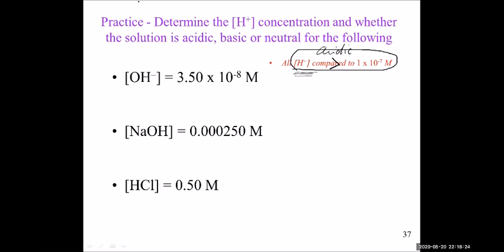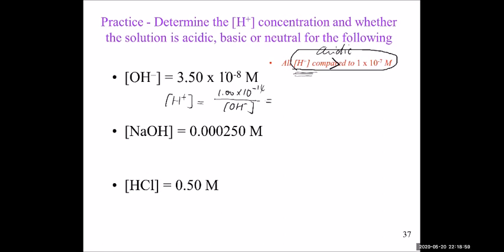So in this practice, we are to solve for the H plus. The first one, we have the hydroxide. Remember, hydroxide and proton concentrations multiply to give me 10 to the negative 14. So we can use 10 to the negative 14 divided by the hydroxide concentration to give me the proton.